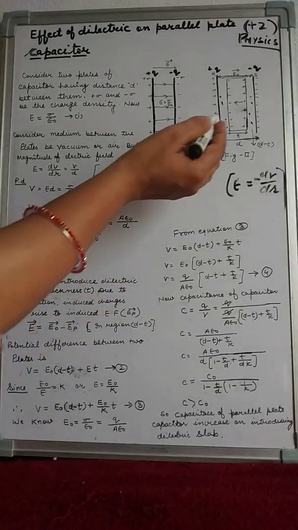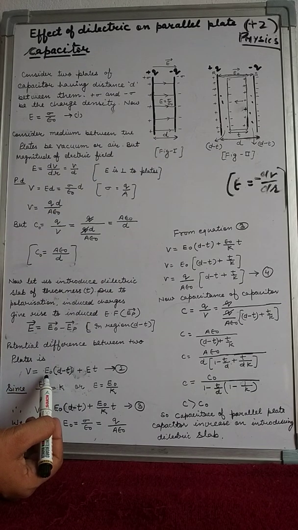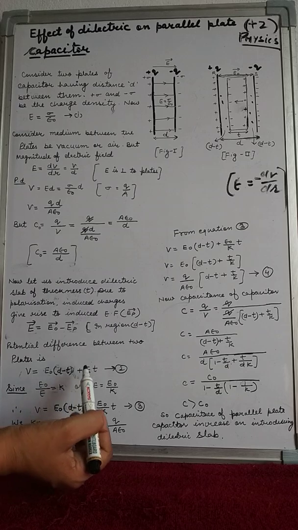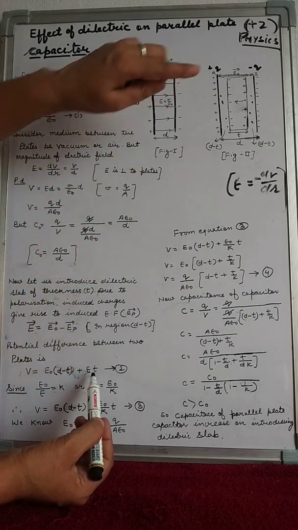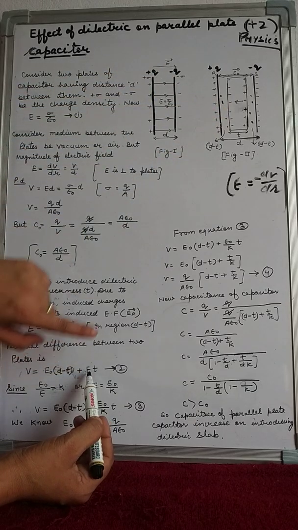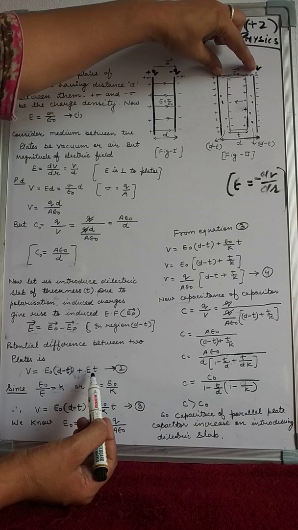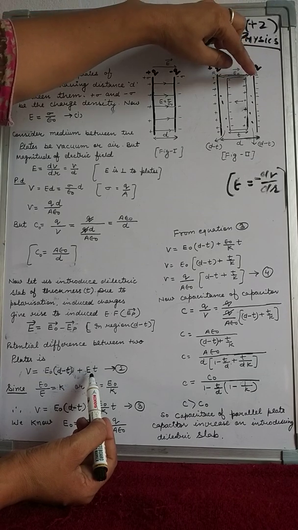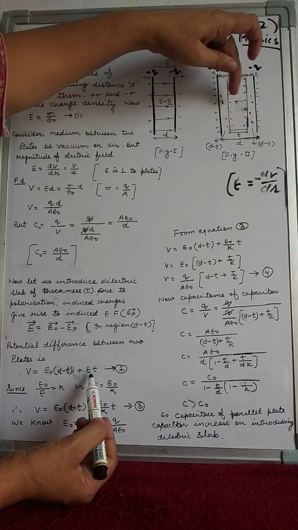So the total potential V is equal to E naught into D minus T plus E into T. E is the reduced value of the electric field and E naught is the applied electric field between the two plates. Now when we introduce this dielectric slab, the effect of the electric field is in two regions.